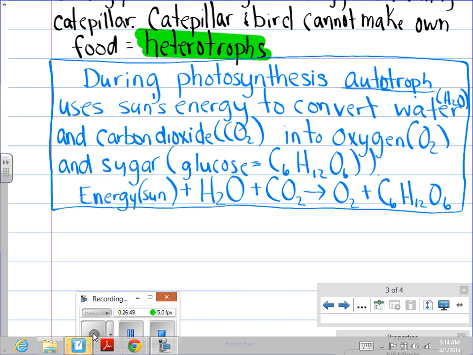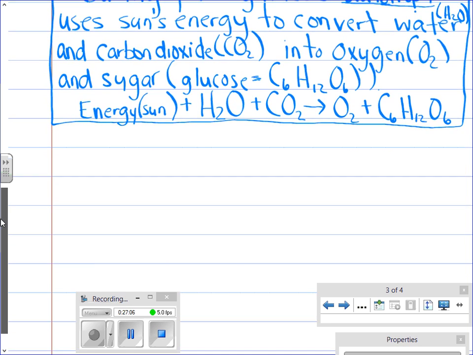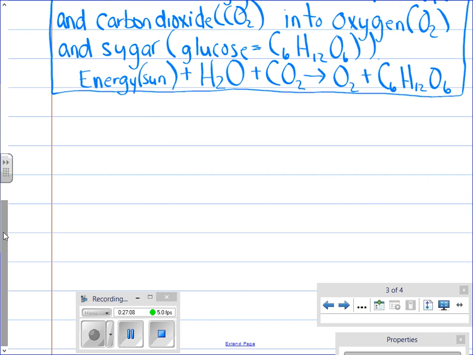I would box that out, maybe even put a little star next to it. And we're almost done with our notes. All right, I'm going to extend my page just a little bit. There are 2 stages of photosynthesis.